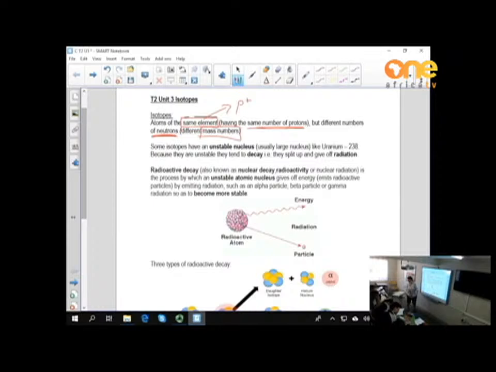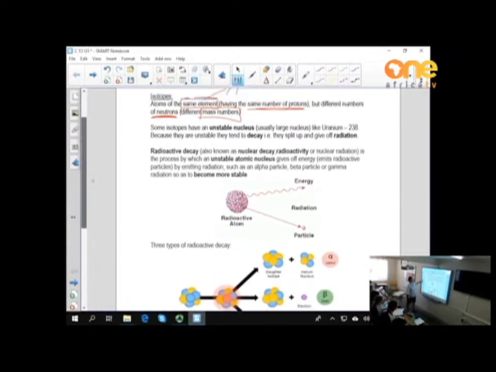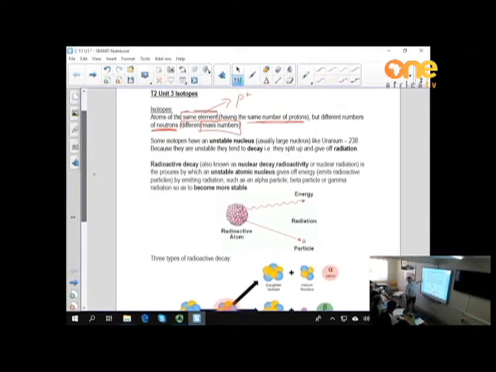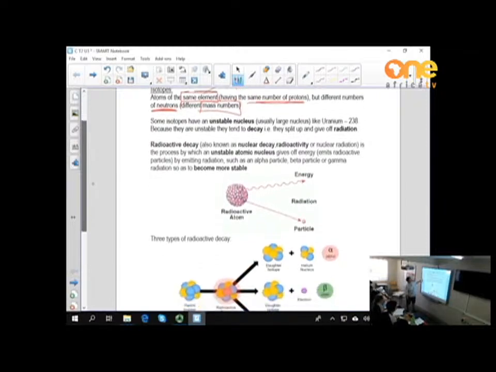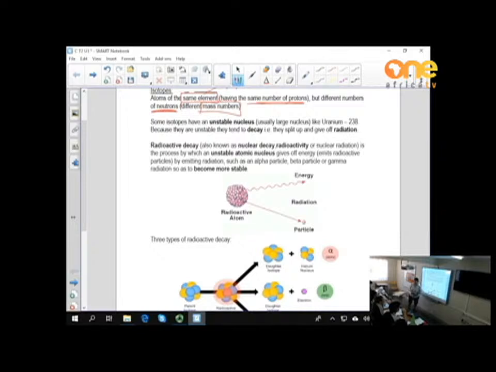Do you understand? Okay. Now, we've done isotopes in grade 8, grade 9, and this year we have to go one little step further. Some isotopes are unstable. The reason is that unstable isotopes often have more neutrons than the stable one.